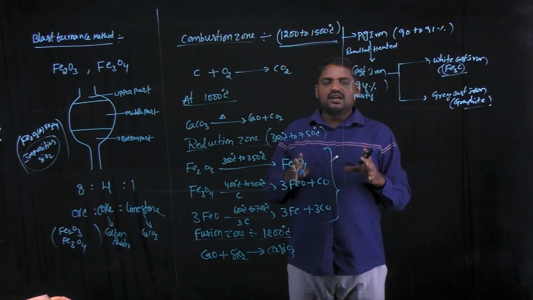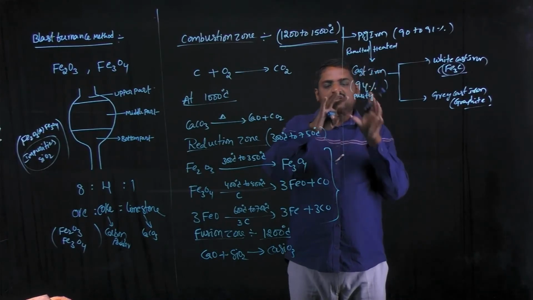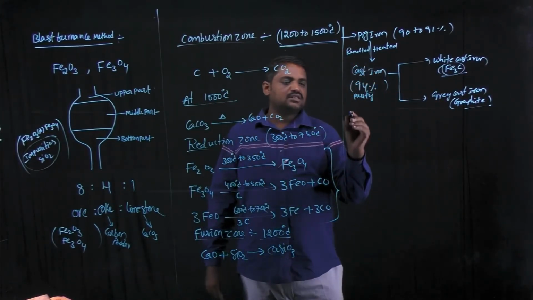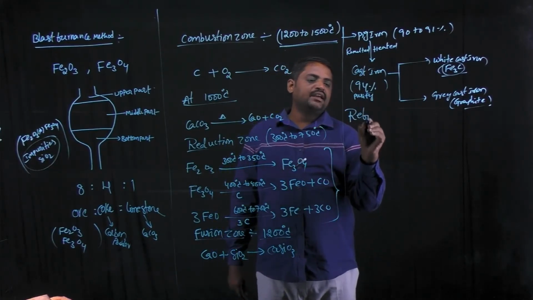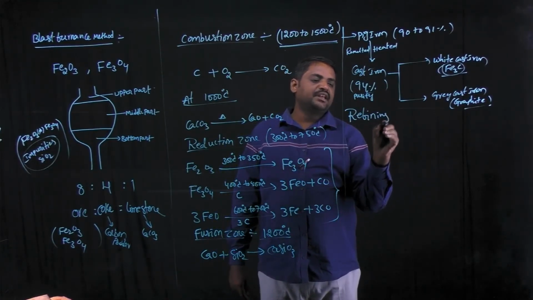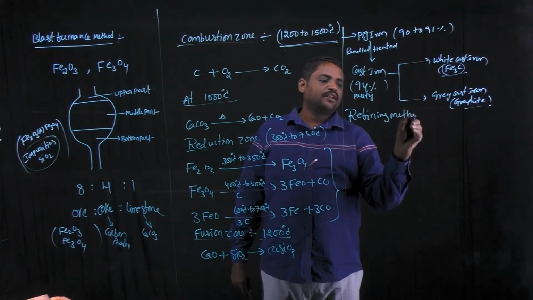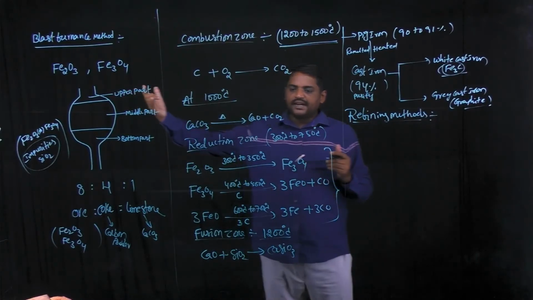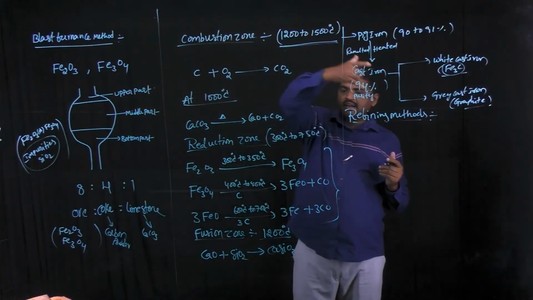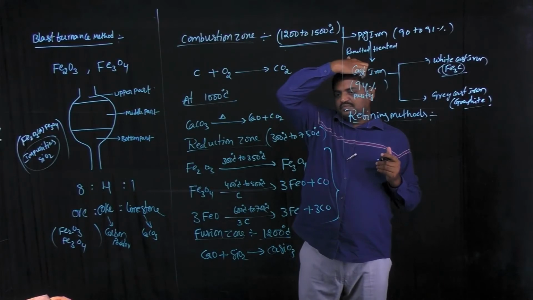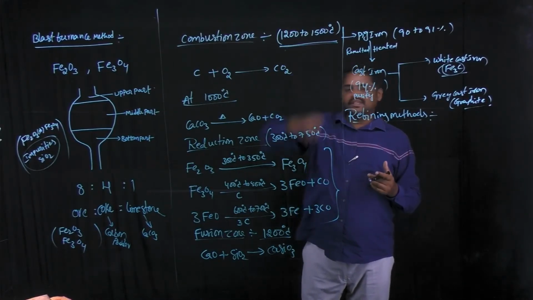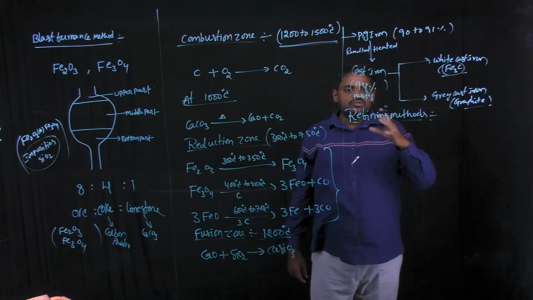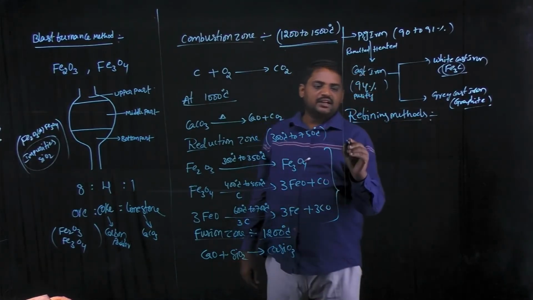So pig iron is converted to cast iron by using so many refining methods. In the same way, many impure metals are purified by using different refining methods. The impure metals are converted to pure metals by using refining methods.